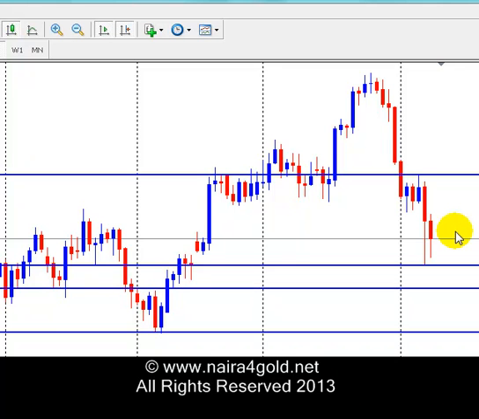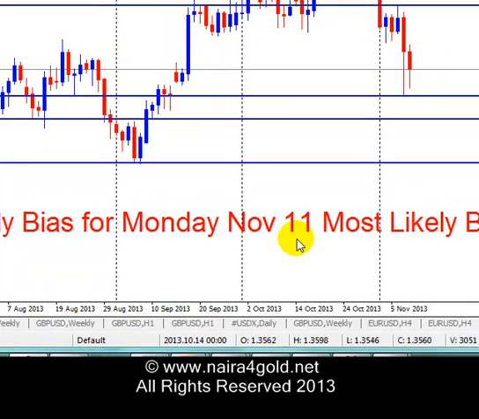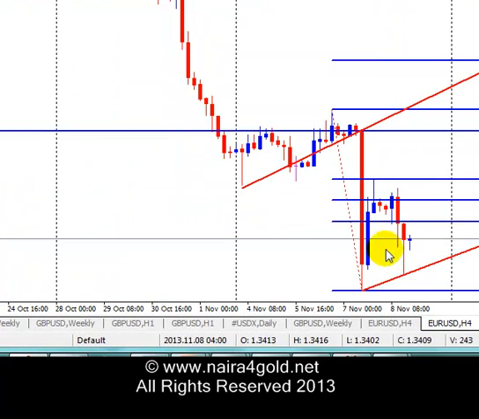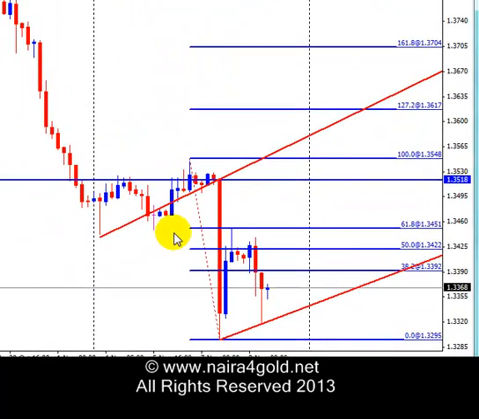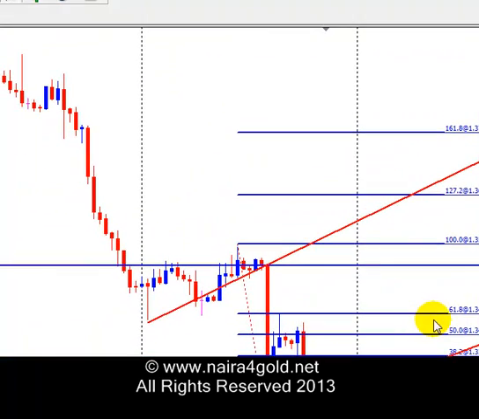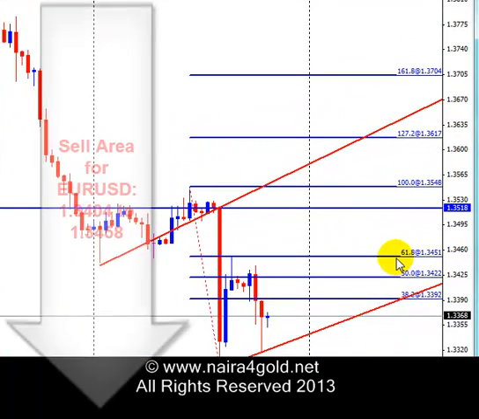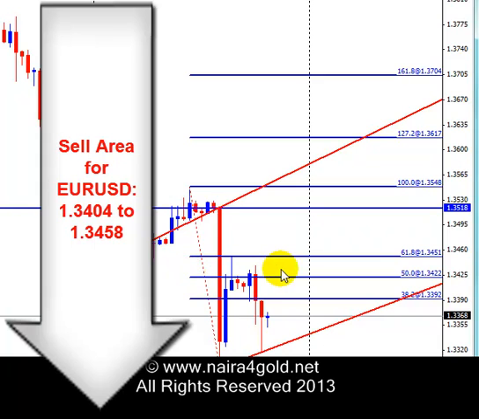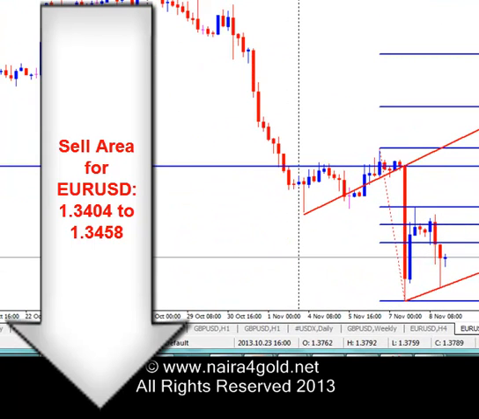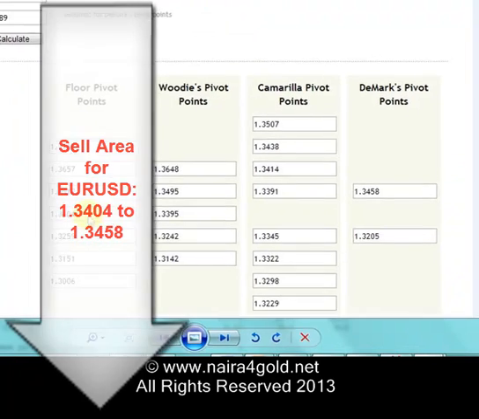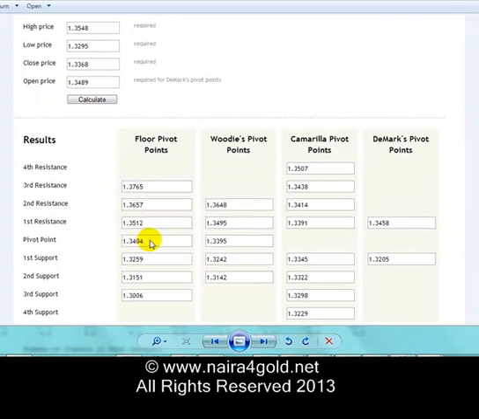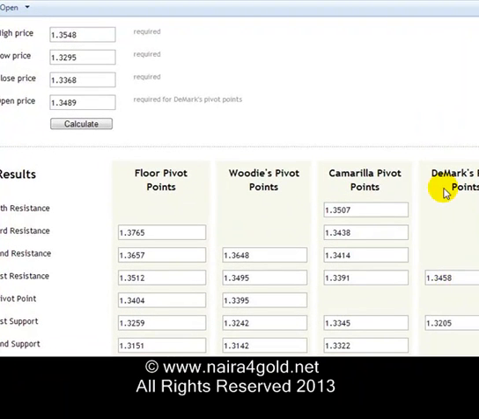Okay, so that's now our entry levels for the week for Euro USD, based on Fibonacci intersection with the pivot points. We'll be looking at selling around 1.3451 all the way down to 1.3404. That is based on the floor pivot points we have here, all the way to the max pivot points and the Camarilla sell area here.